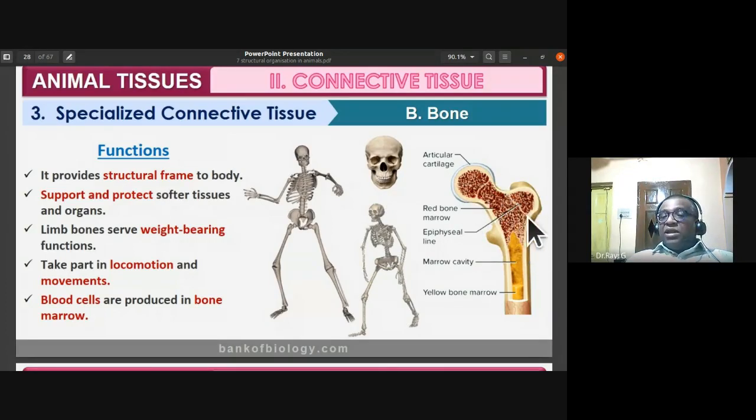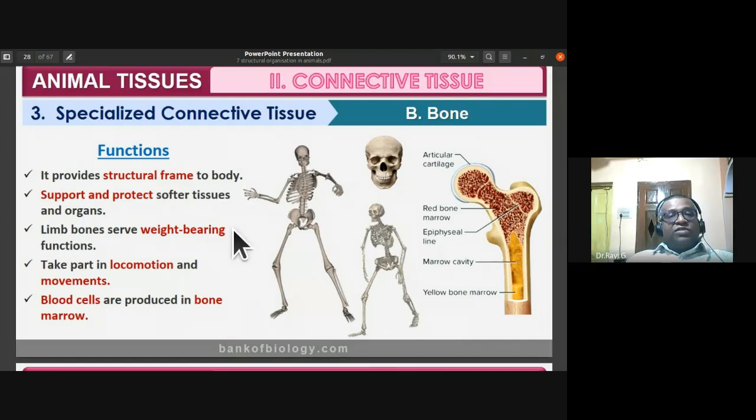They have within them the red bone marrow. So the marrow cavity is there, and yellow bone marrow. As I've already told you, the red bone marrow is responsible for the production of RBCs and WBCs. The yellow bone marrow is responsible for the production of fat cells. Okay, so this is what you have to remember regarding the bone marrow and a bone.